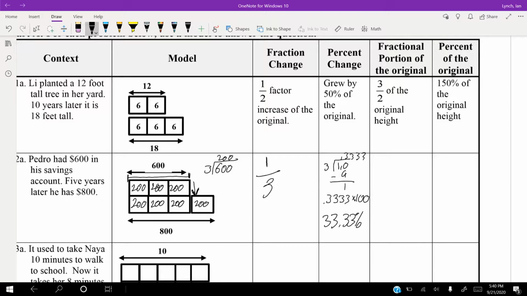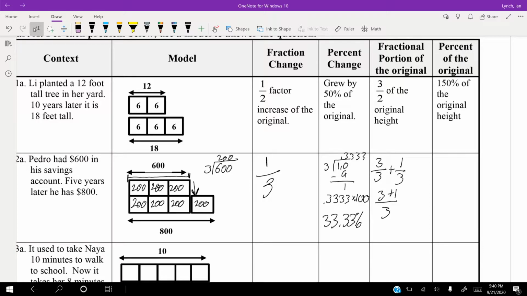So now our fractional portion of the original. This is some really cool stuff here, guys. All right, what we're going to do is take our original amount. So originally we had 3 out of our 3 original, and we're adding on 1 new one to our 3 original. If we add these fractions together, we're going to get 3 plus 1 divided by 3.